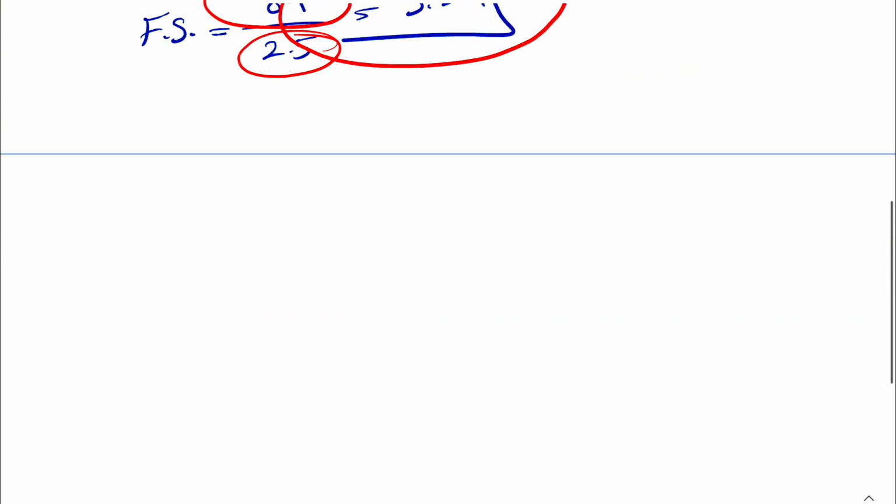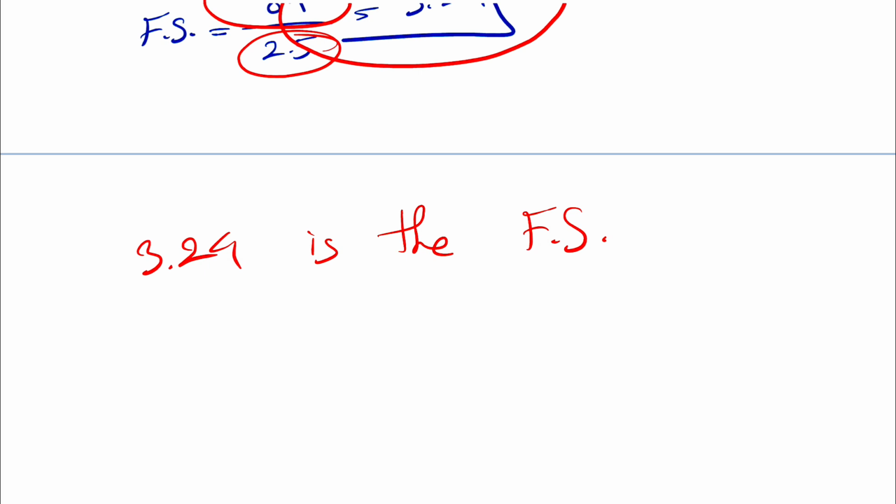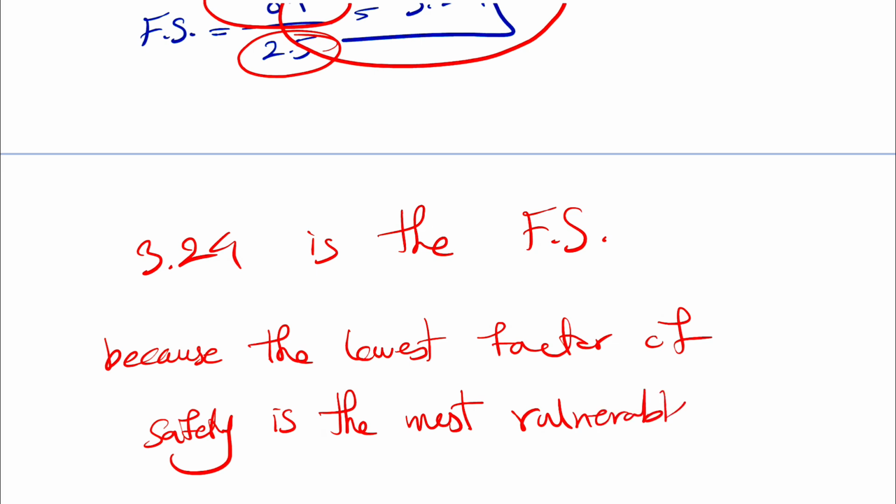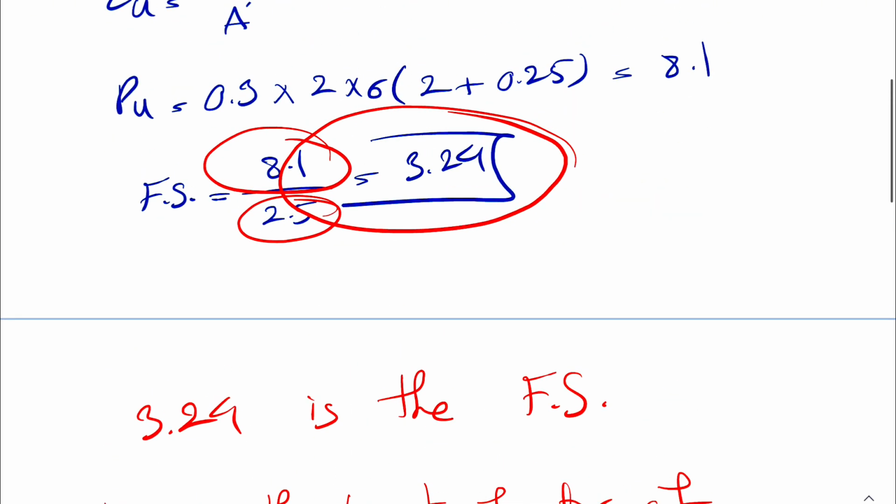So that's why we're going to pick the 3.24 as the factor of safety for this question, because the lowest factor of safety is the most vulnerable to failure. So yeah, that's going to be our final answer for this question.